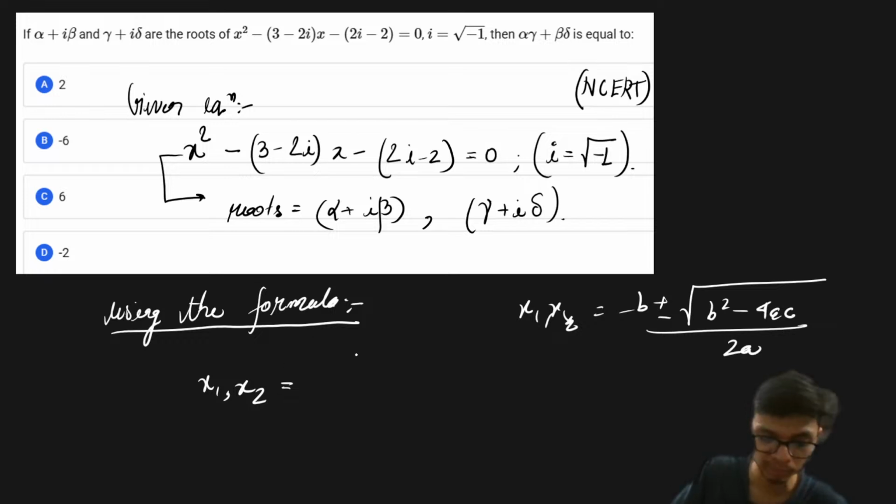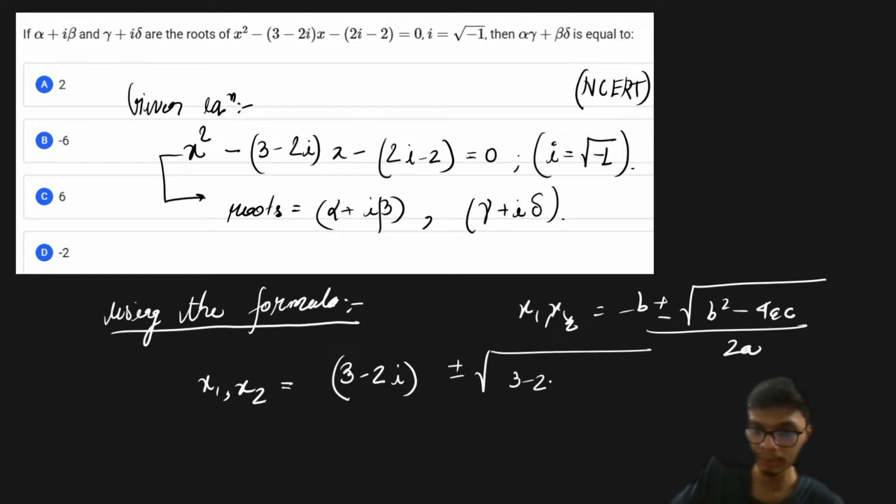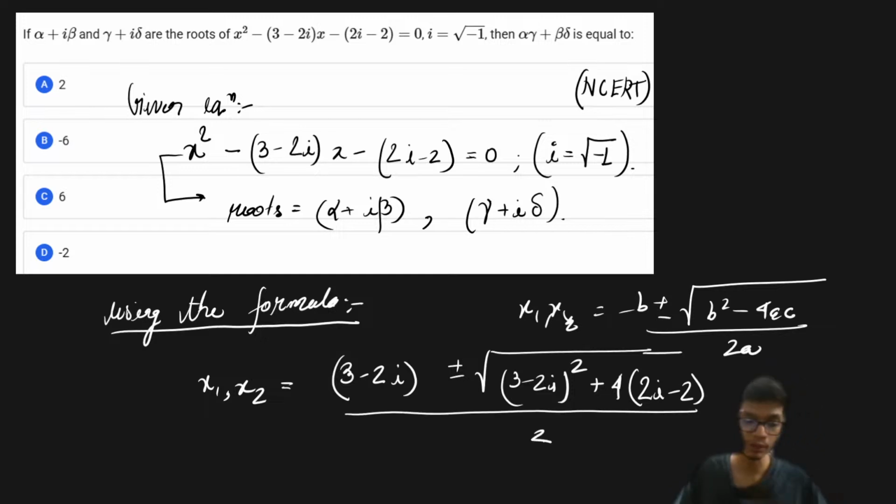If I apply this formula, it gives me 3 minus 2 iota plus or minus square root of (3 minus 2 iota) whole square minus 4 times, so minus of minus gives plus, 4 times (2 iota minus 2), and divided by 2, that is what you will have as the roots.